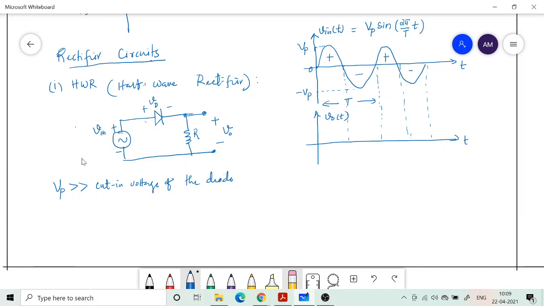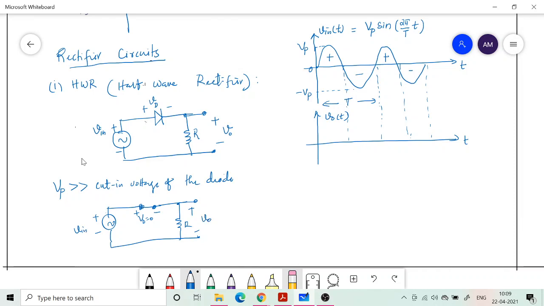During the positive half cycle, I can redraw the circuit like this, assuming an ideal diode, which means my Vd is equal to 0. So all that I have applied, my V in, comes as V out.